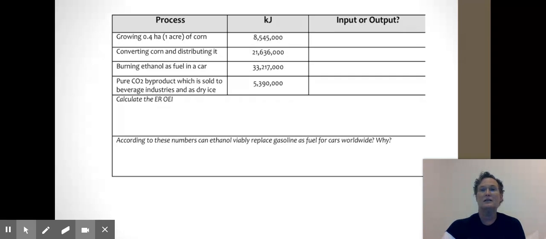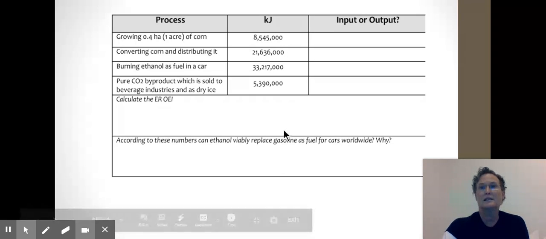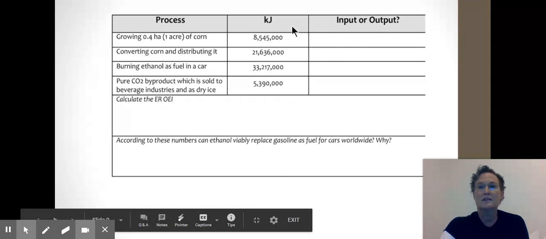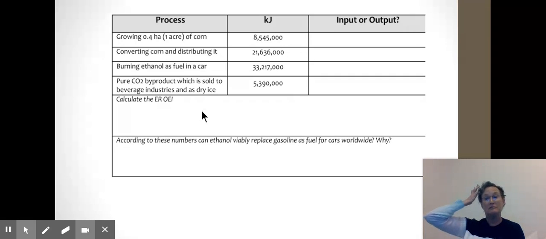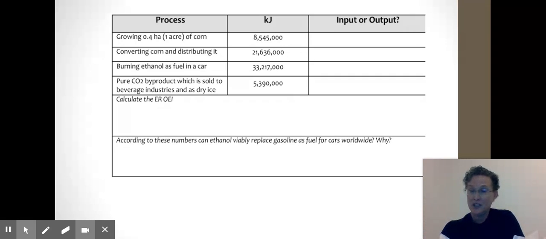Okay, so at this point, you can pause and think about which of these is an input and which of these is an output. So there are 2 inputs and there are 2 outputs, and then you're going to calculate the return on energy.